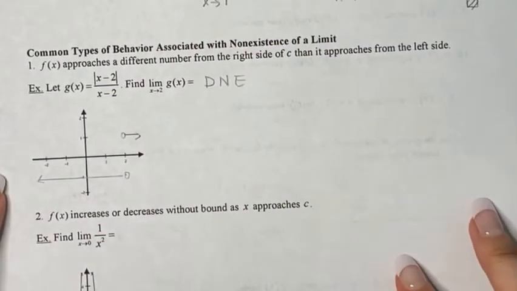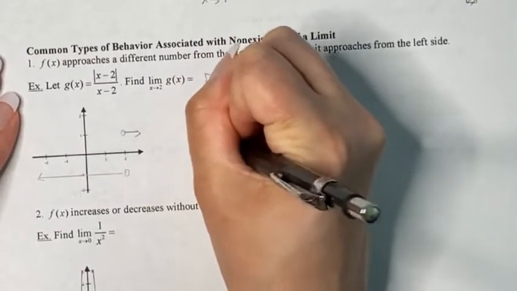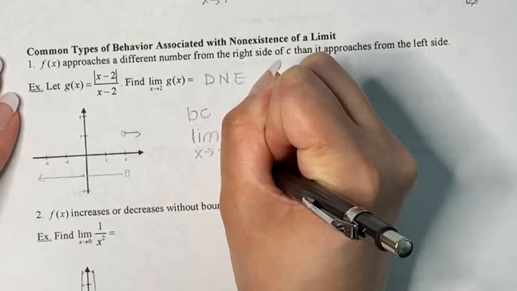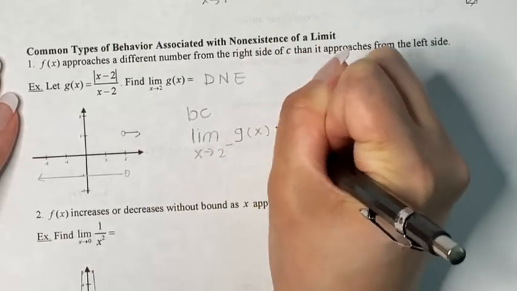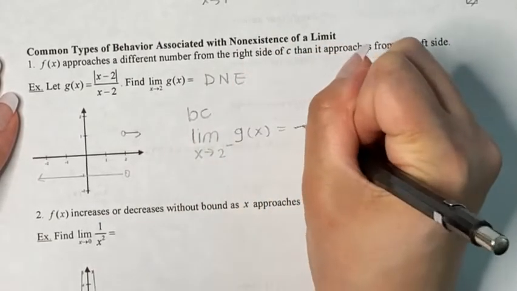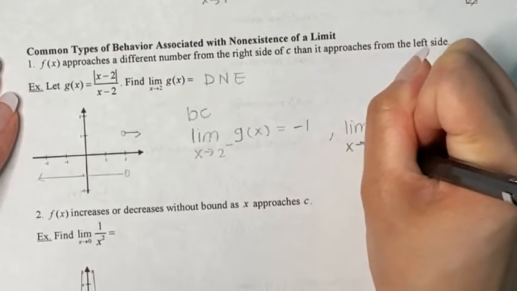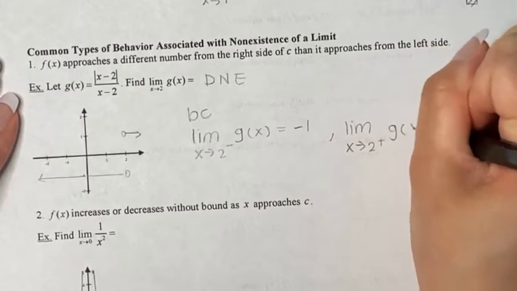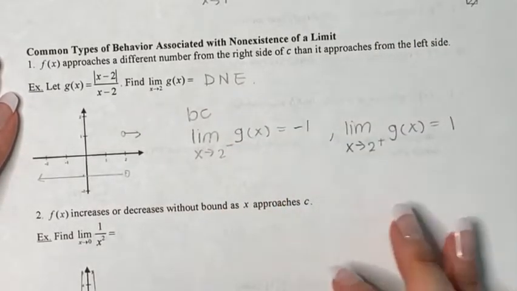You can conclude that because the limit as x approaches 2 from the left of g of x is equal to negative 1, and the limit as x approaches 2 from the right of g of x is equal to 1. Since they are not equal, the limit does not exist.